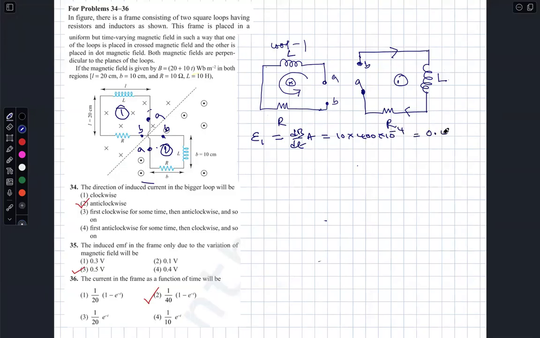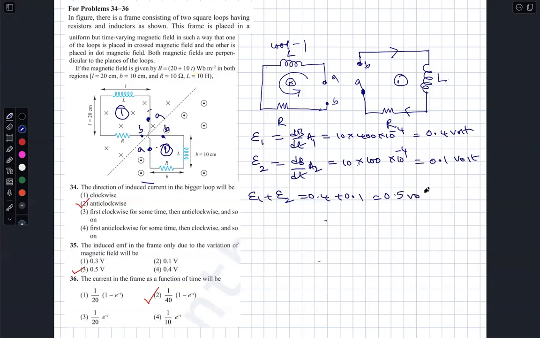I can say 0.4 volt. Whereas E2 is dB by dt A2, which is nothing but 10 into 100 into 10 power minus 4, 0.1 volt. So E1 plus E2 is 0.4 plus 0.1, 0.5 volt.